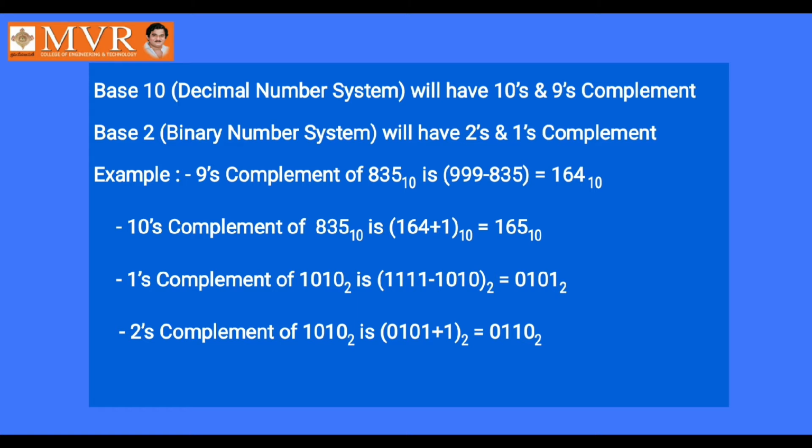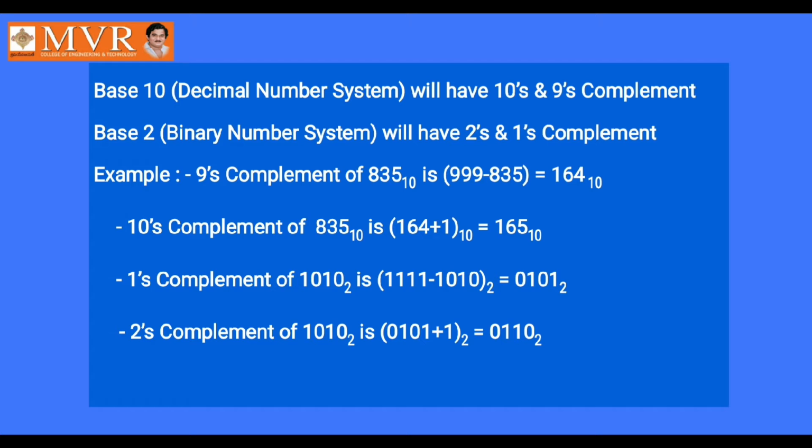And again, as I told you, 2's complement is nothing but adding 1 to the lowermost bit. Here 0101 gets added with 1, so you will get 0110 as the 2's complement. This is how you calculate r's complement and r minus 1's complement for any number.